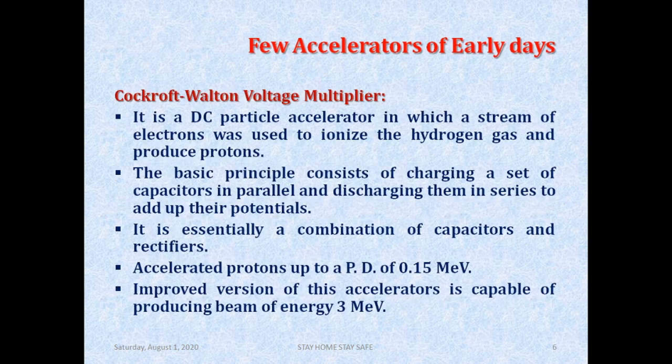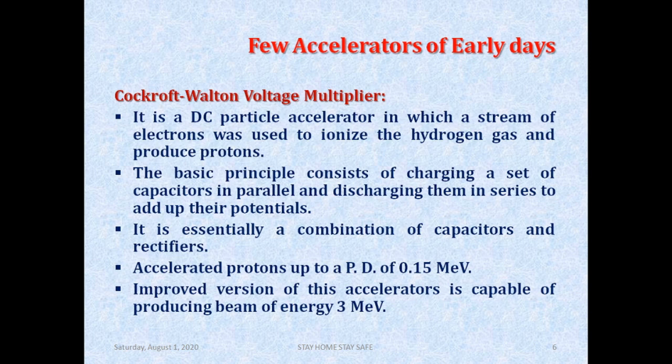So now let me discuss a few accelerators of the early days. First of all, the Cockcroft-Walton voltage multiplier. As you can see, it is a DC particle accelerator in which a stream of electrons was used to ionize hydrogen gas and produce protons.